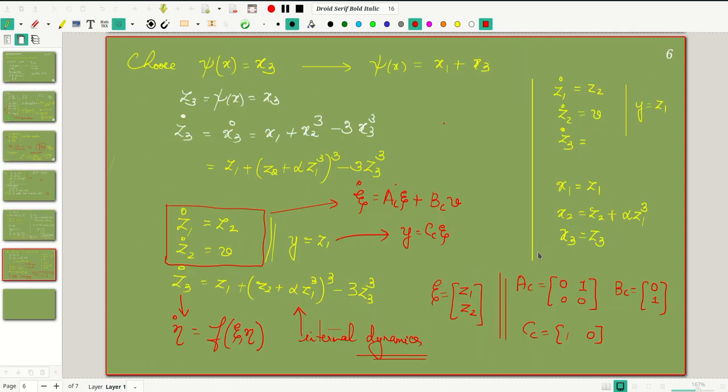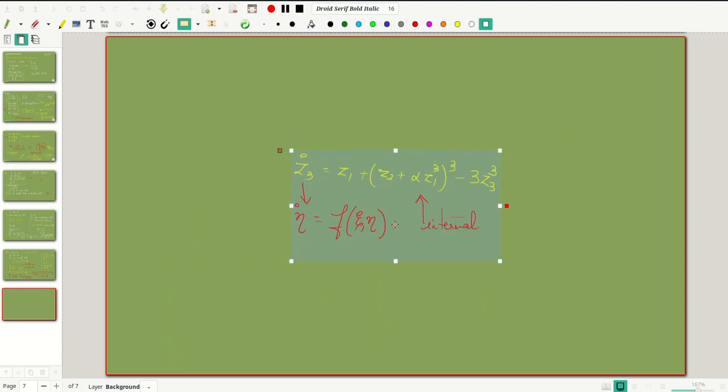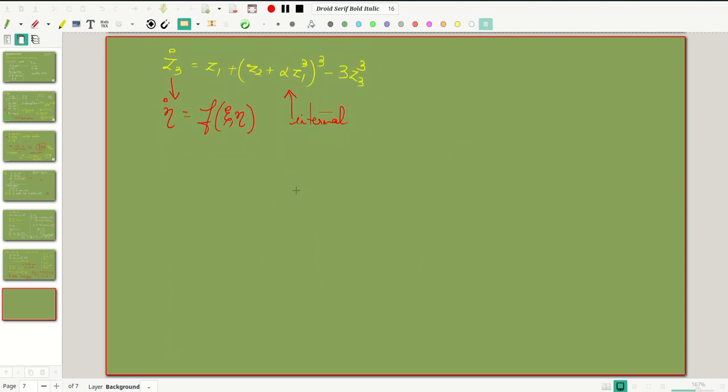So we have got the internal dynamics. I will just copy the internal dynamics to the next sheet. So this is in fact the internal dynamics of the system. Now what is the zero dynamics? In the internal dynamics, when the output is equal to 0.